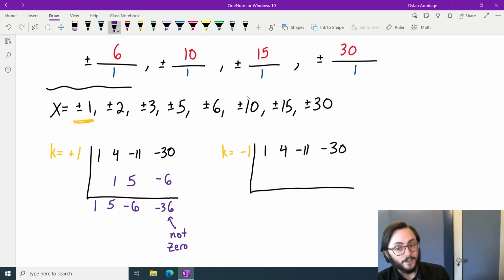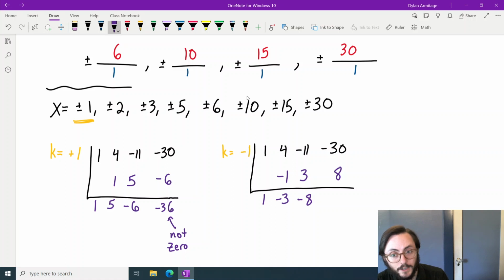So let's try the other side. Bring down the 1. Negative 1 times negative 1, negative 1. 4 plus negative 1, negative 3. Negative 1 times negative 3, positive 3. Negative 11 plus positive 3, negative 8. Negative 1 times negative 8 is positive 8.